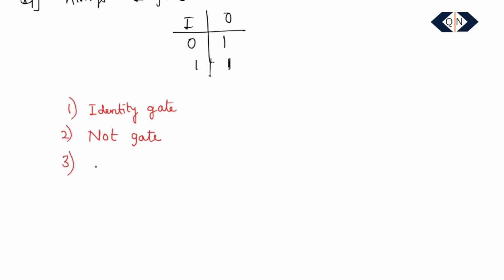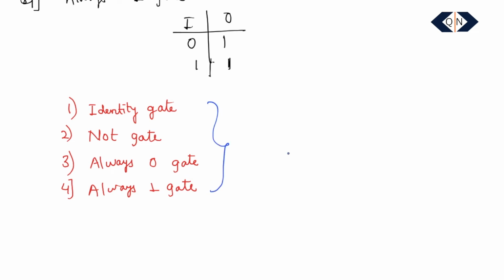Third we have always zero gate. And fourth we have always one gate. So all these are examples of single bit gates, where we are giving one input.